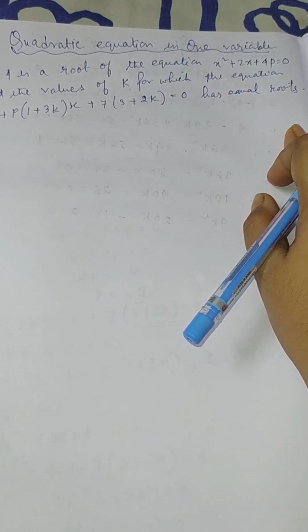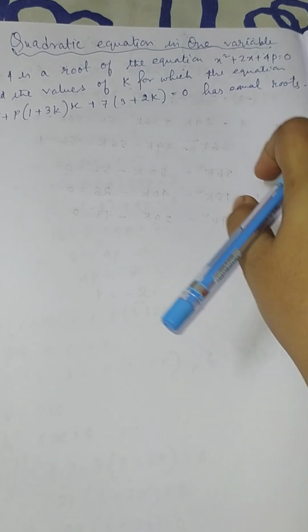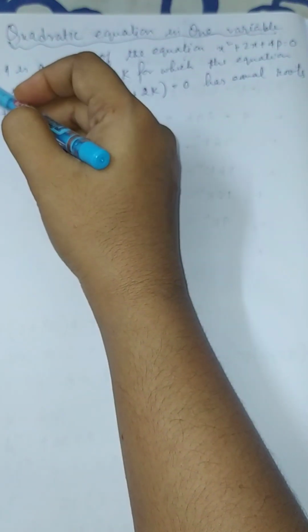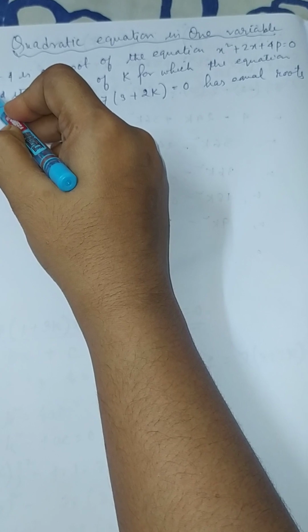Today I will continue the chapter of quadratic equation in one variable with some interesting sums. So let's solve the first numerical. First of all, read the question.